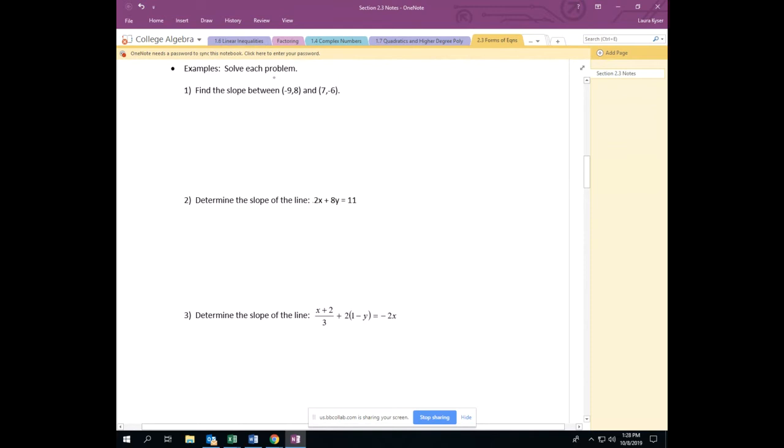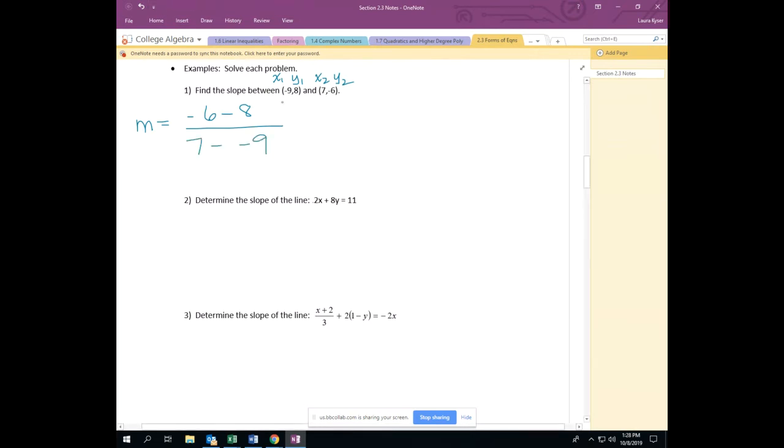Let's work with our slope formula. We'll say the first point is x1, y1, and the second one is x2, y2, and that's pretty standard. And so we're going to set up our little slope formula ratio. M equals the change in y, so y2 minus y1, -6 minus 8, over x2 minus x1, 7 minus -9.